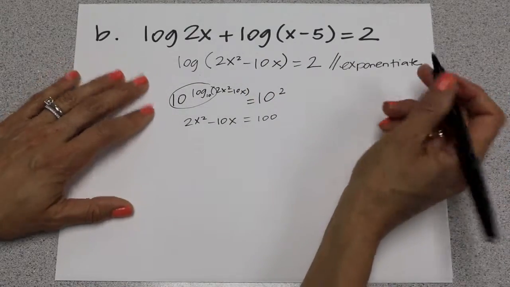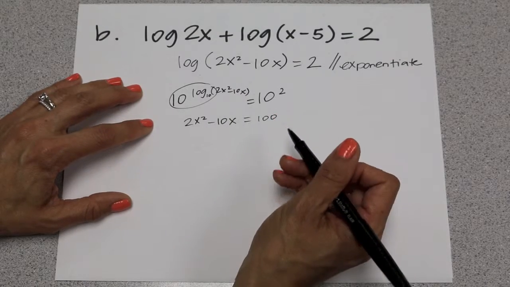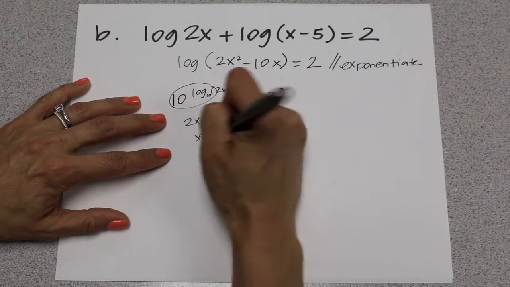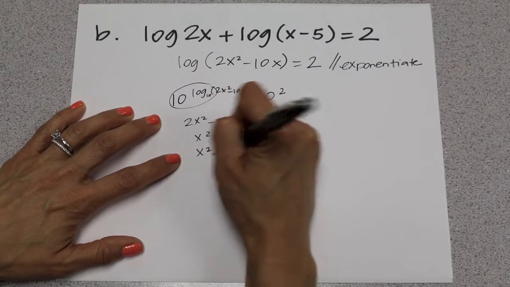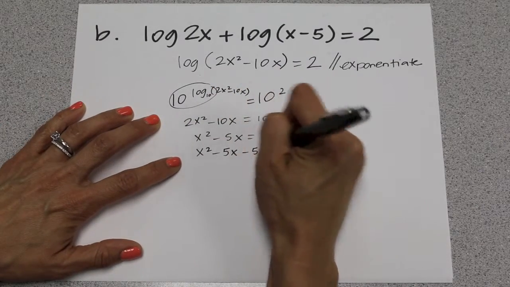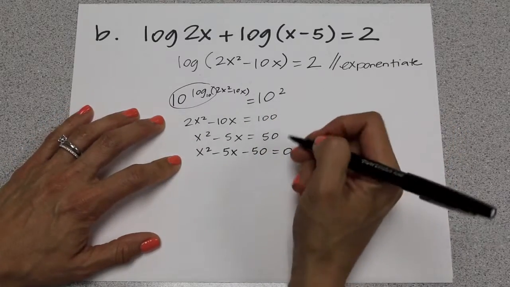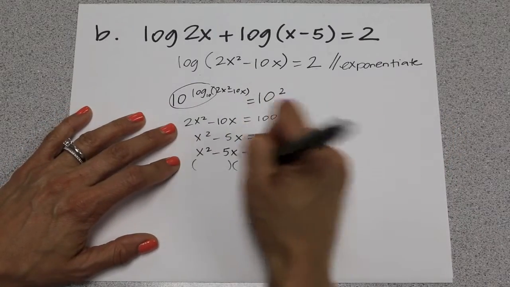All right, so now you have an equation. Let's divide by 2 to the entire equation. At this point, let's subtract the 50 over. And it should factor, I hope.